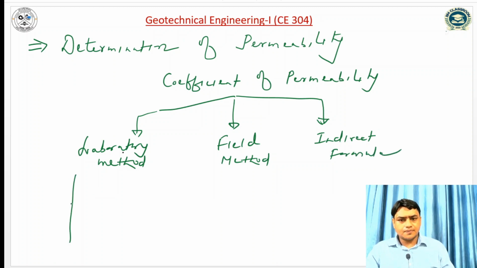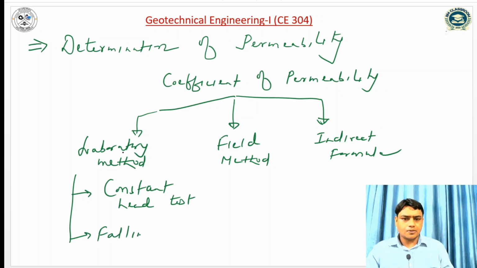In the laboratory method, there are two types of method: the constant head permeability test, and the falling head test.